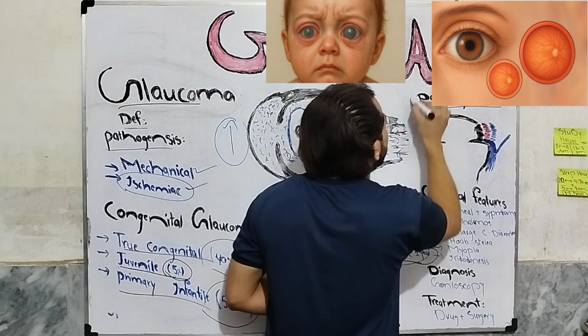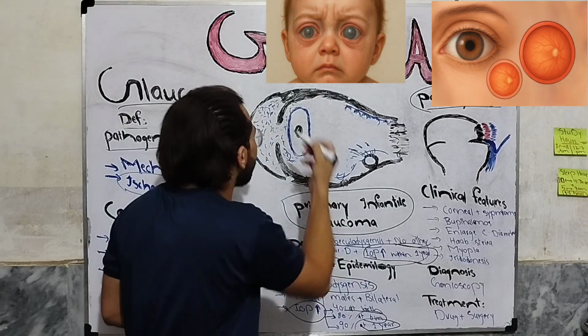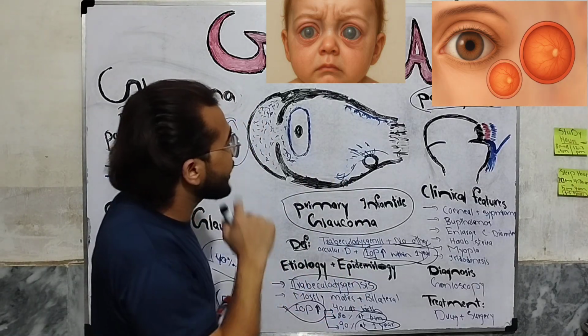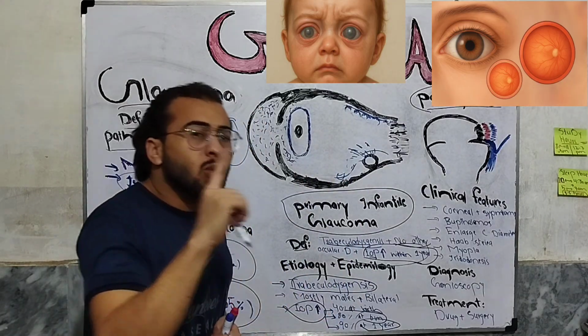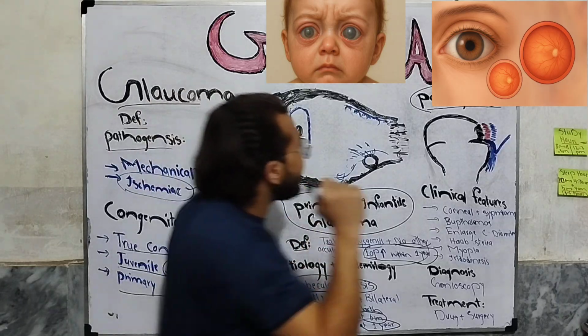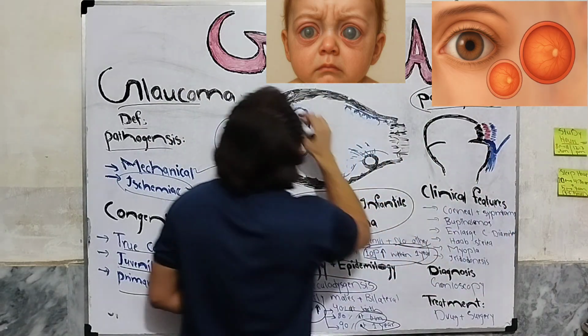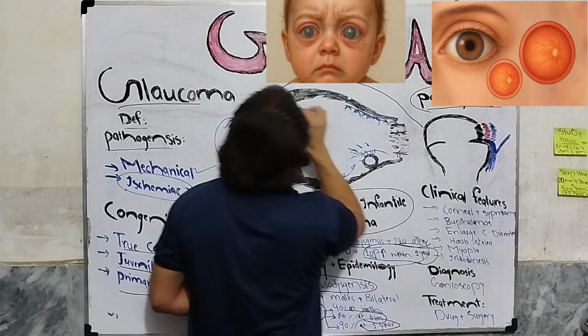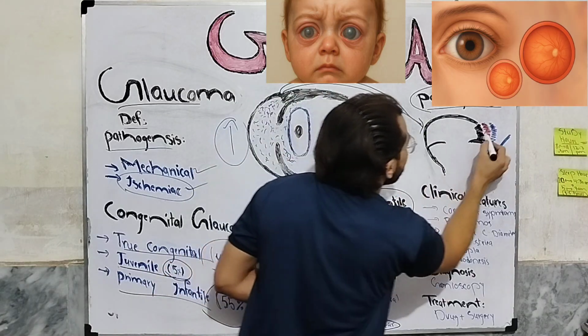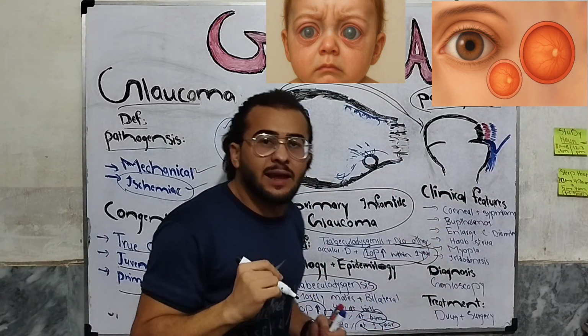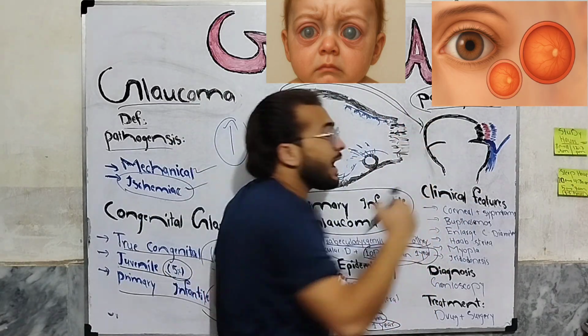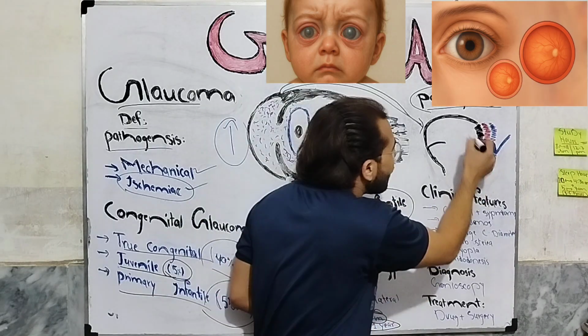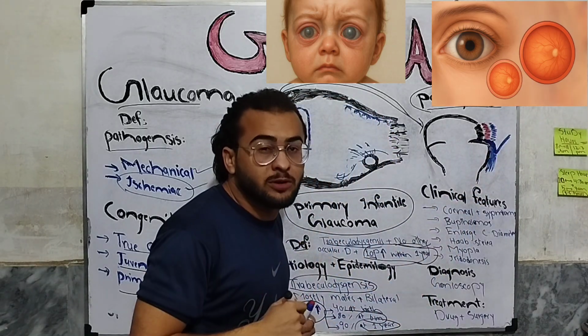Now, pathogenesis. What is the problem with the trabecular meshwork? There is one thing you should remember. If I zoom into this trabecular meshwork, they are saying that it is a universal agreement that there is a developmental problem with this trabecular meshwork.